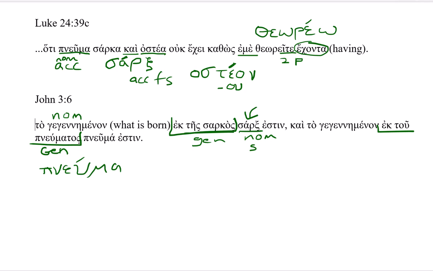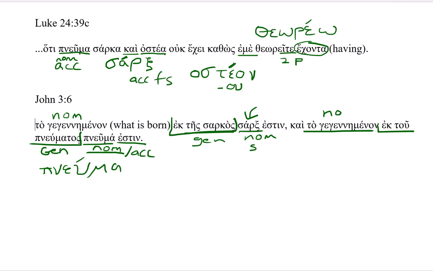And so what is born out of the spirit or out of spirit, and then we have pneuma estin. So again, could be nominative or accusative, but following the same pattern, it's a predicate nominative. So what is born out of the spirit is spirit. So it's predicate nominative, and this is also nominative here. This neuter participle, as we saw in the first part, was nominative.